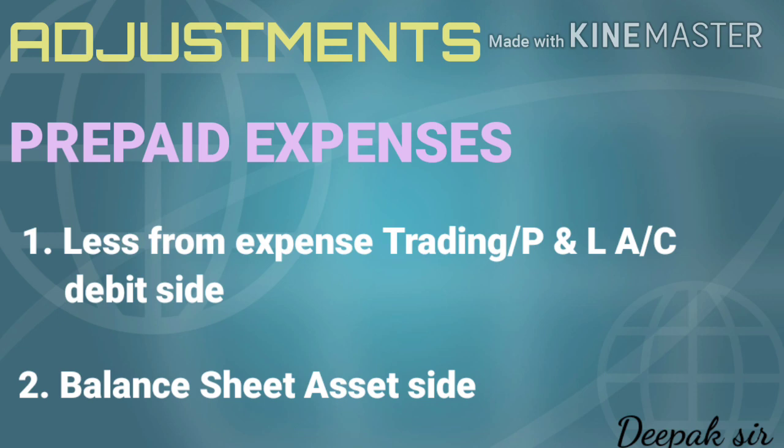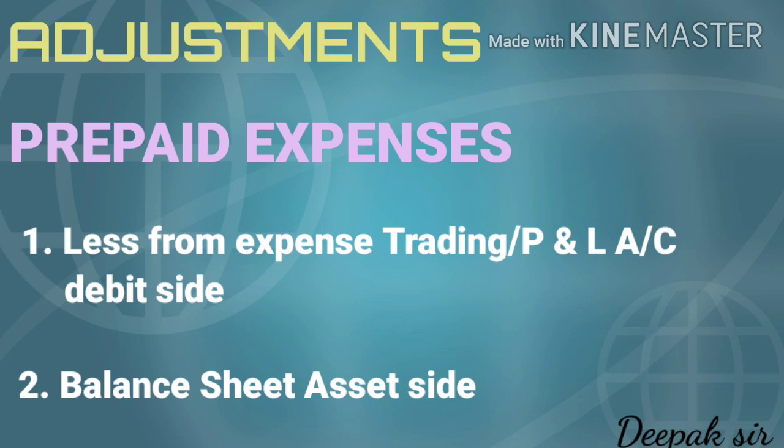The third adjustment we had seen is prepaid expenses. Prepaid expenses are paid in advance, so it doesn't belong to the current year. We have to deduct from the concerned expense either in trading account or profit and loss account debit side, and the second effect will come in balance sheet asset side.